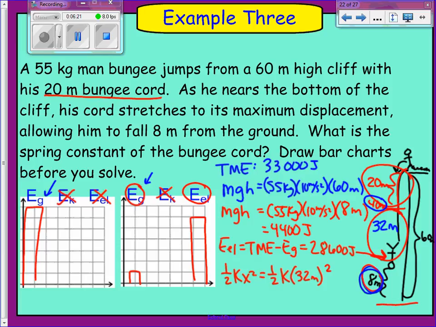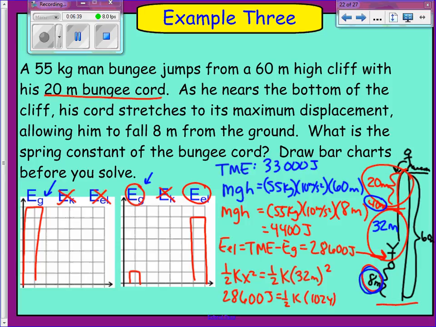Okay, so now I'm going to set that equal to 28,600. So 28,600 joules is equal to 1/2 k, and then let's do 32 squared right now. 32 squared gives me 1,024.